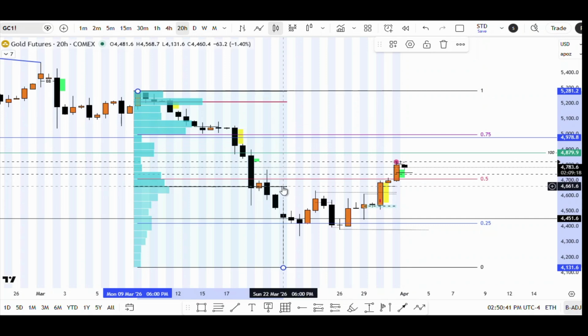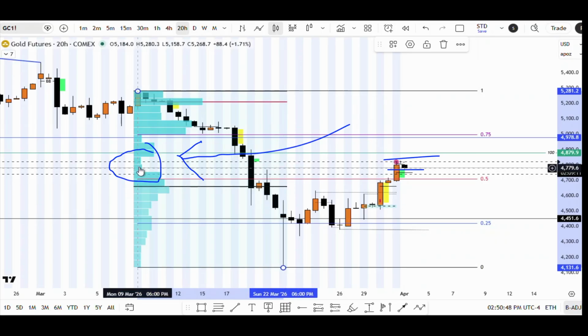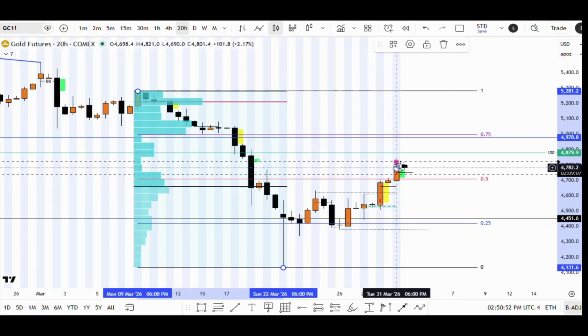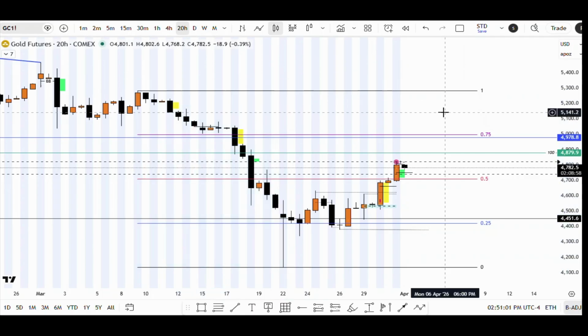So depending on how you use your fixed range volume profile, we've got these low volume nodes, which is overlapping, okay, which is important. There's the point of control, and then there's of course your higher volume node. So all of these things come together to give you the probability of taking a short entry.